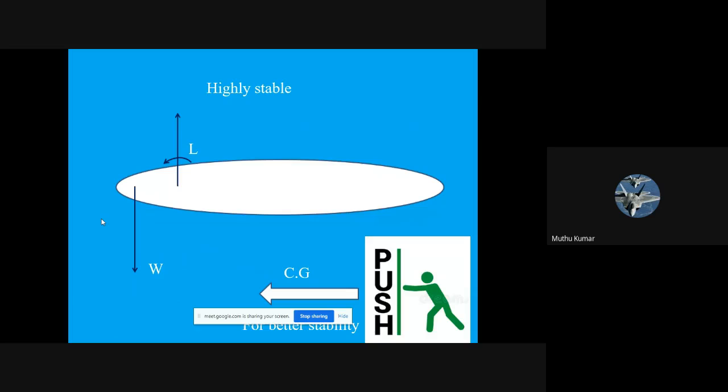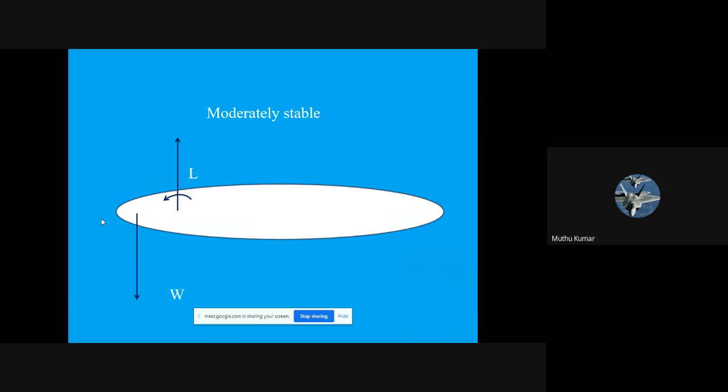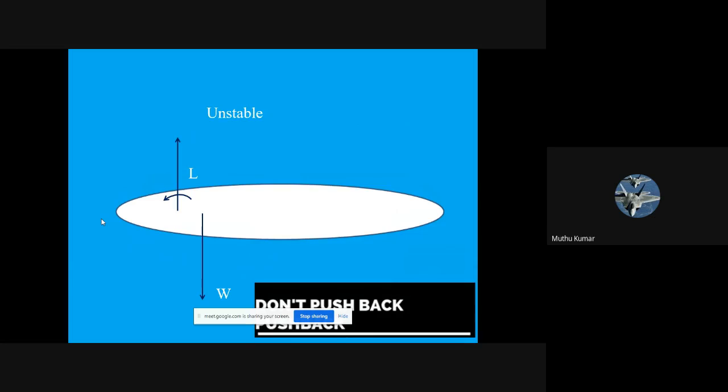Once more, let's go forward. Highly stable, moderately stable, CG comes back, still exactly below the lift vector, it is neutrally stable, and if it comes back to the rear of the aerodynamic center, it becomes unstable. Correct? When there is an increase in angle of attack, this force about the CG will create a nose up moment.